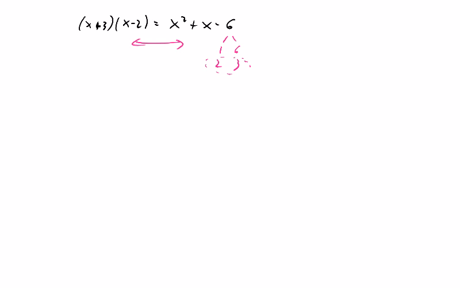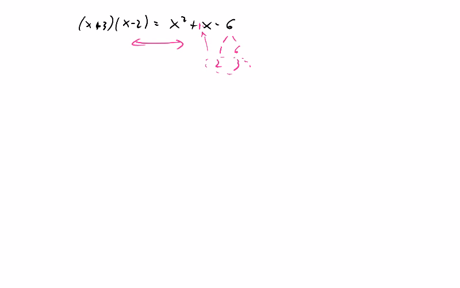We knew that one of them would need a minus sign in order to get a negative 6. And we knew that the difference between them had to be plus 1 to match the implied coefficient for the middle term. Now what we want to do is look at slightly more complicated cases.